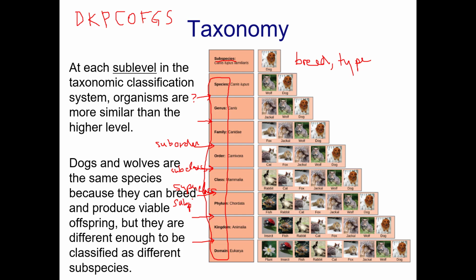So we use these terms with the prefix super and sub. Sub means slightly below, super means slightly above. So you do have like superfamilies and suborders and order and superorders and subclass and class and superclass and subphylum and phylum and superphylum, but there's no subkingdom that I can think of.